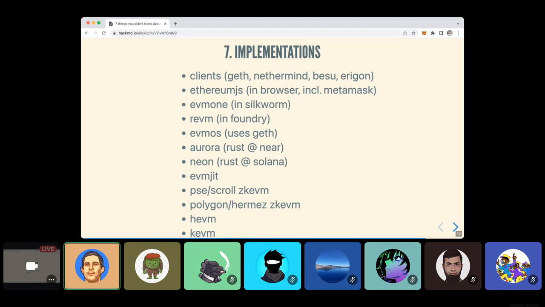But an important one for everyone is Ethereum.js, which is a JavaScript implementation. Obviously it's used by a lot of the browser implementations, and at some point it was also used by MetaMask. One feature all these browser and wallet implementations used Ethereum.js for is running a transaction and getting a gas estimate in order to set a gas limit for a transaction.